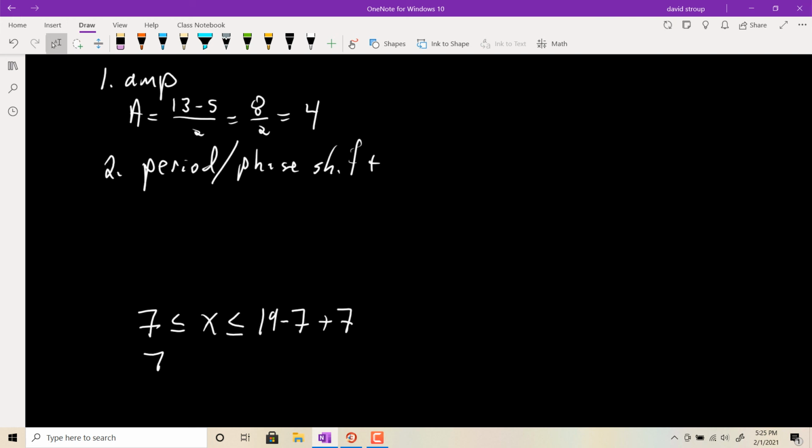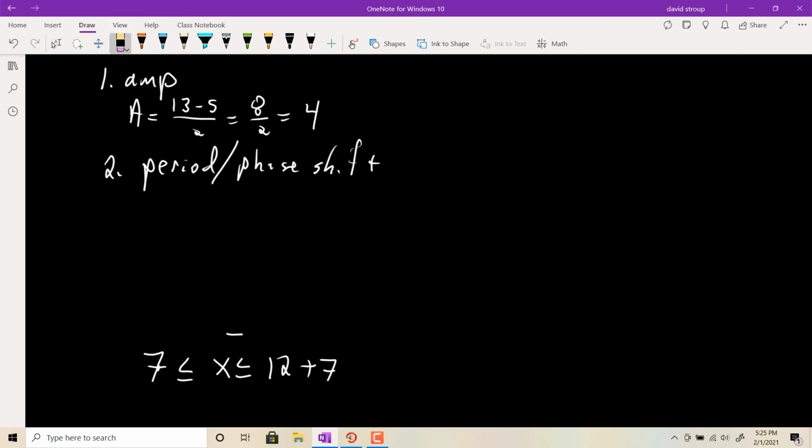So it's really going to end up being 19 minus 7 is 12, and then plus 7, just to keep it in order with what we've been doing already. Okay. So this is the phase shift, and then this is the period. 12 is the period.